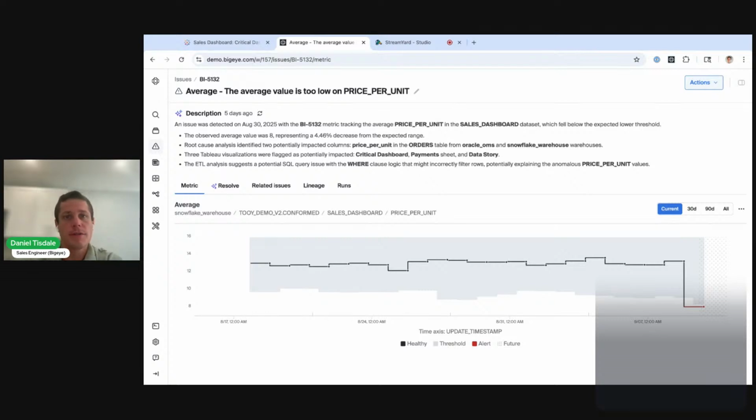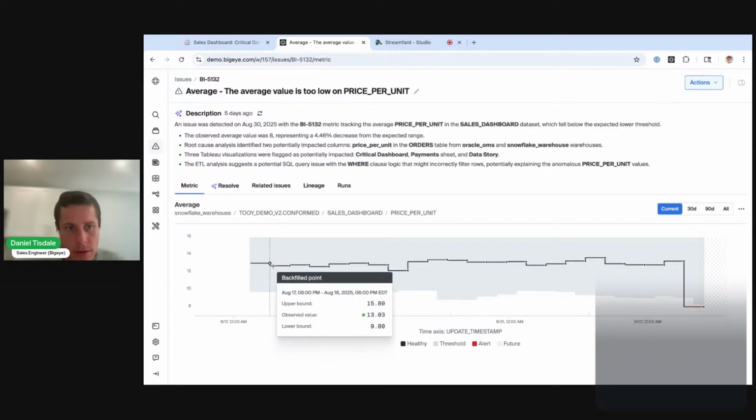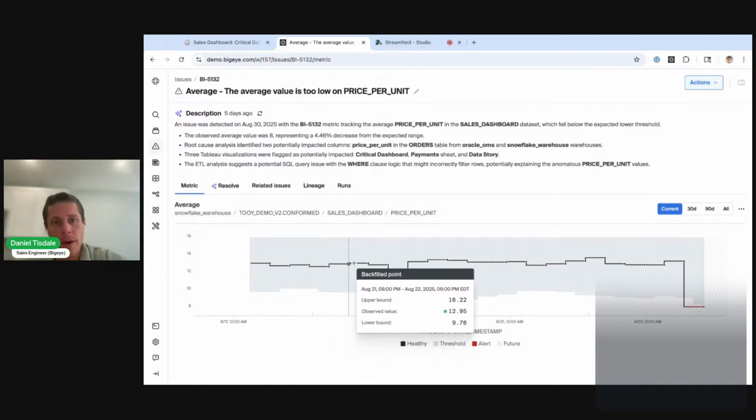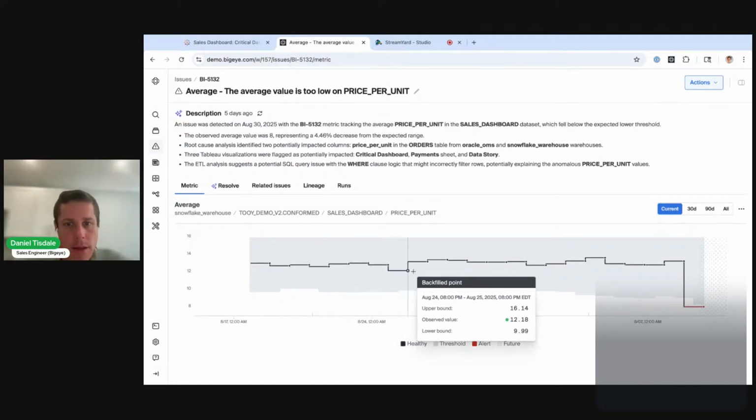Now, what that means is that we've set up an average metric, and we are just looking at the average of the price per unit value or column day over day. And that's what this time series based chart is showing me here. So this is showing me the black lines signifying the actual value that is getting returned back to Bigeye.